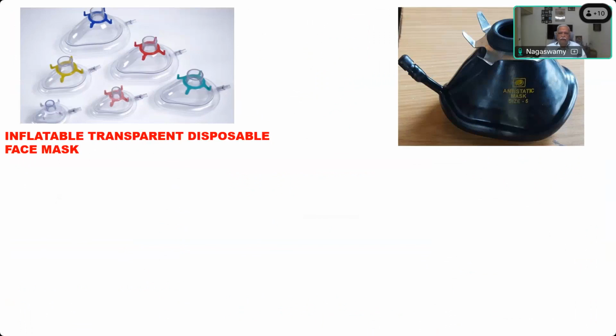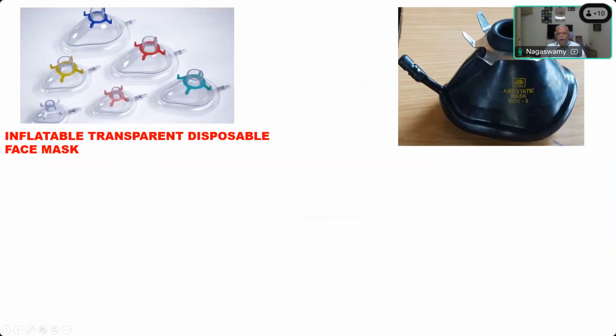What is this tube and cap meant for? Ventilation port. Ventilation, sir. How do you ventilate through this? See this portion. No, you can inflate air to fit people with no dentures, to increase the size for fitting.